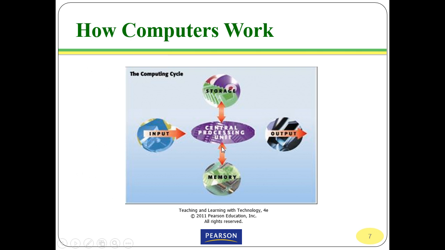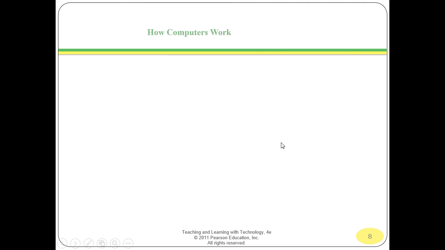Depending on the size of it, it'll pull that software up into memory so we can do what we want with it. And then once we exit, it gets processed back to the storage and stored there permanently. And then, of course, we see the output there on our screen or on our printer.